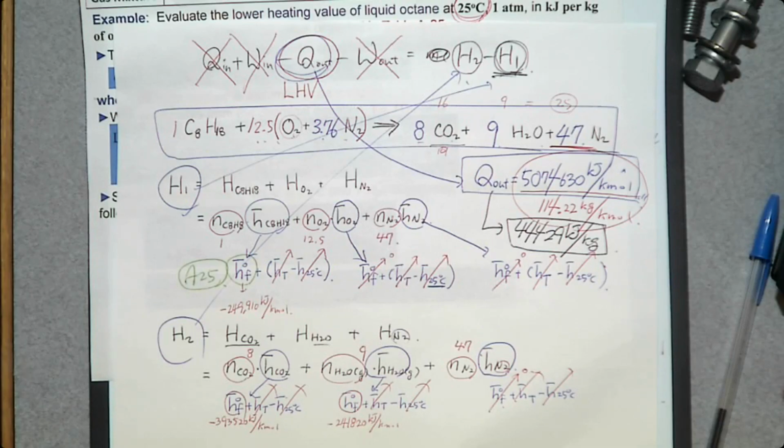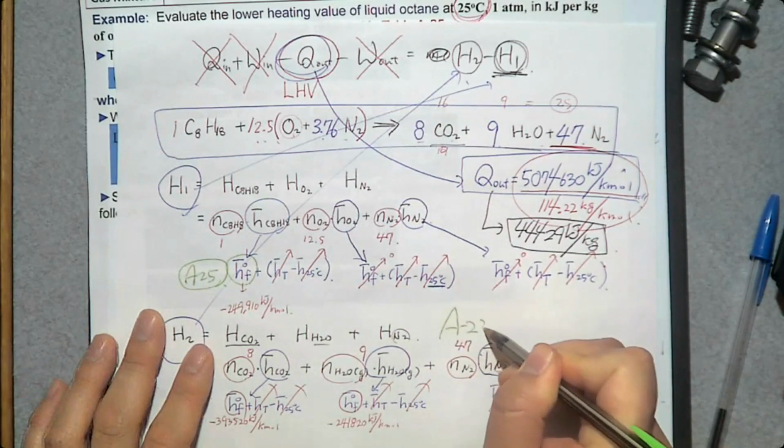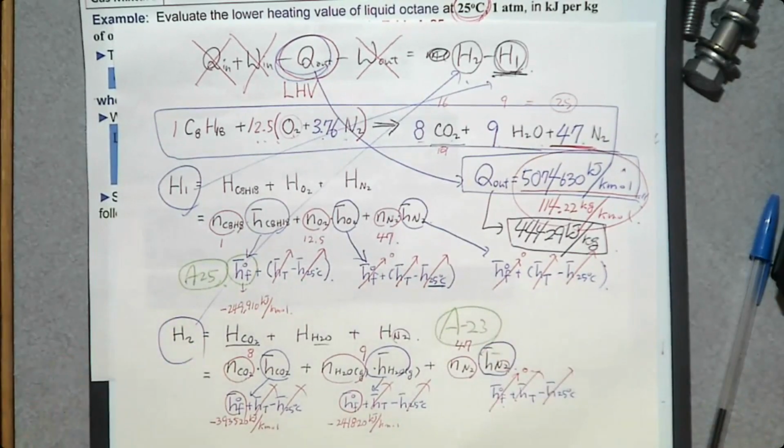If the temperature is greater than 25 degrees Celsius, which is most likely, and which is going to be the problem you will solve in your first exam, then there is table A23. You go to table A23 to determine H bar other than the enthalpy of formation. So you have H, the enthalpy of formation, and just H bar. Just H bar can be found from this table, and the enthalpy of formation can be found from this table.